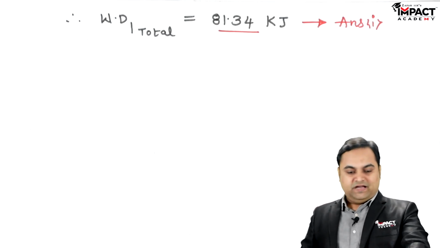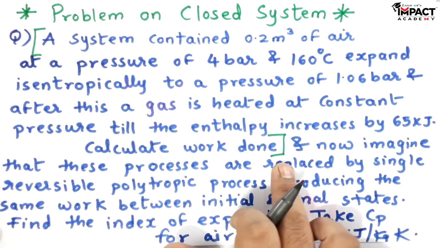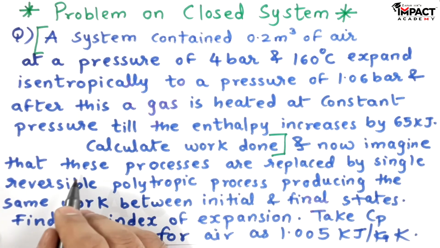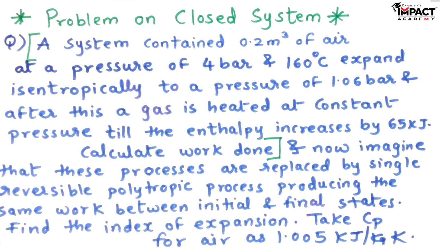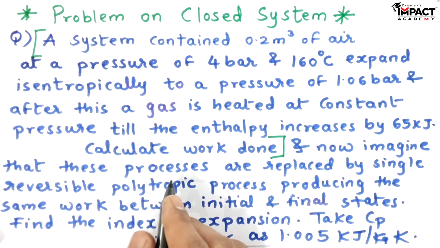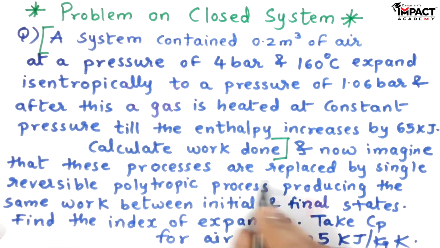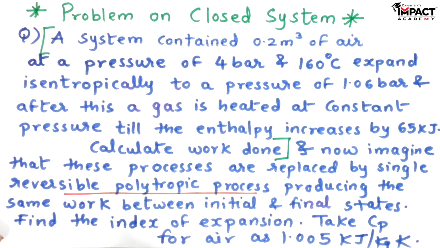And now I'll read the second part of the question which was left. It was said that, now imagine that these processes, here there were two processes, reversible adiabatic, that is isentropic expansion, and constant pressure heating, are replaced by a single reversible polytropic process.